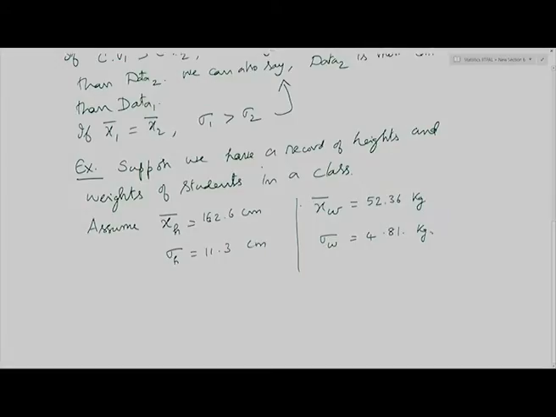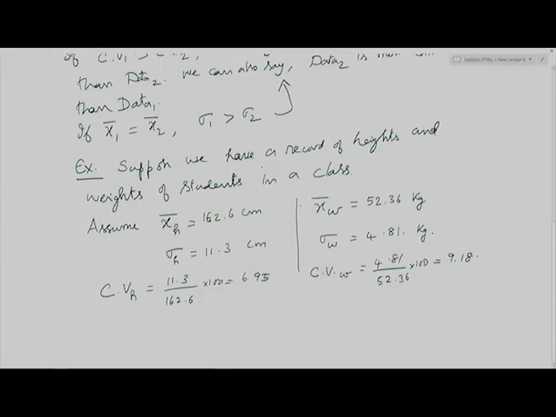Now if I compute the coefficient of variation for the heights, it becomes dimensionless: 11.3 divided by 162.6 and multiplied by 100 gives 6.95. Whereas the coefficient of variation for the weights is 4.81 divided by 52.36 into 100, which gives 9.18.